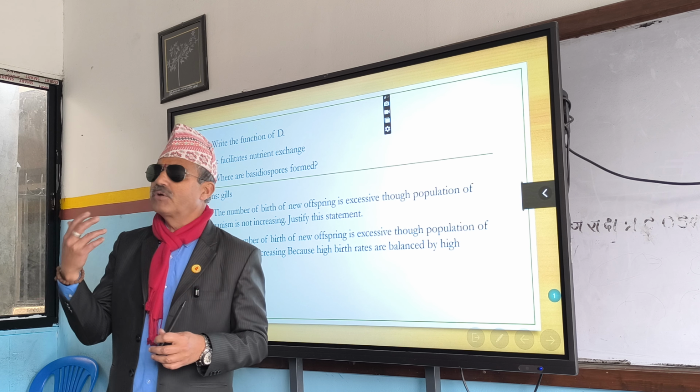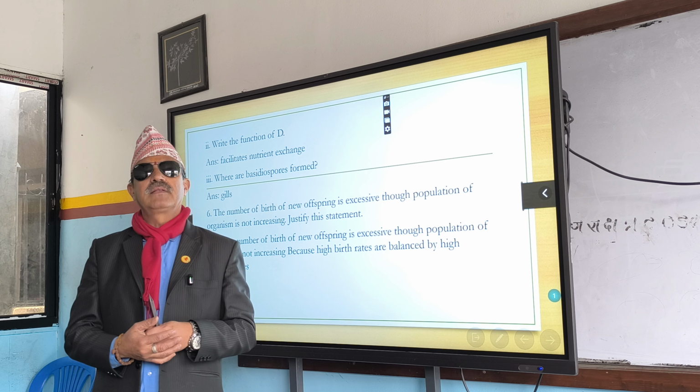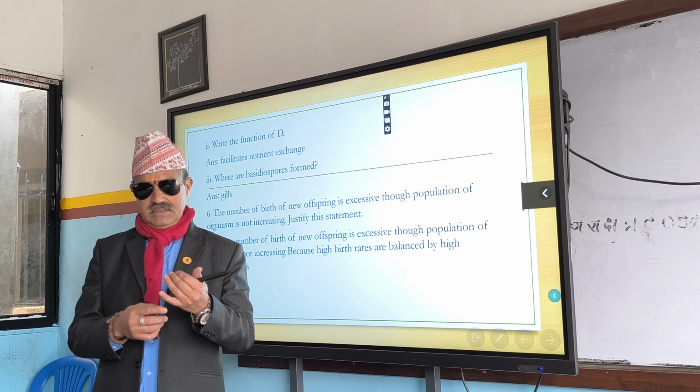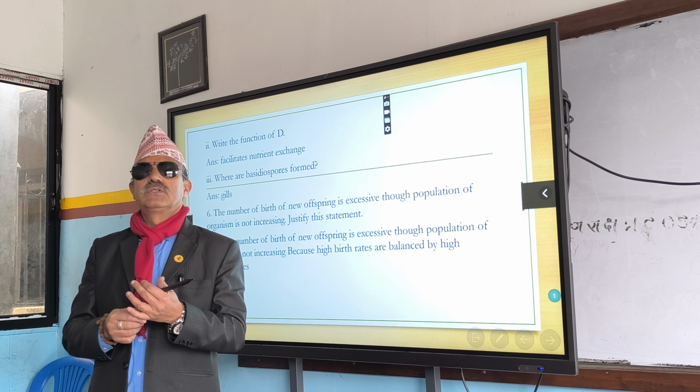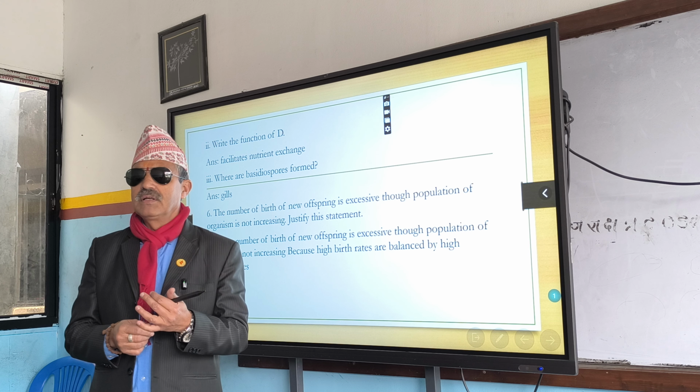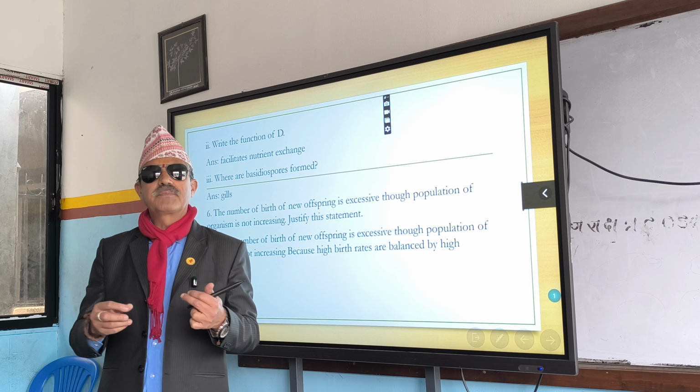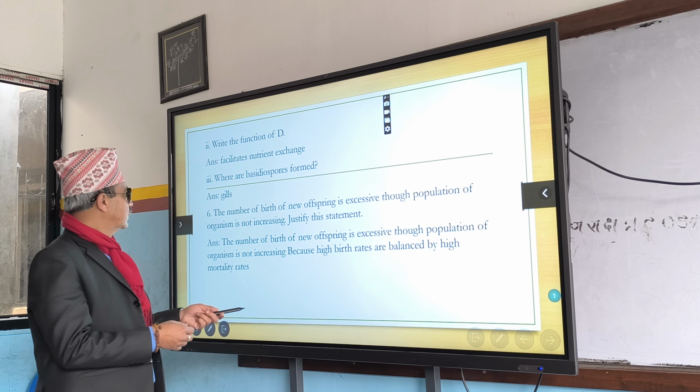And how does mortality rate increase? They may not get a suitable environment for survival, and they may be attacked by their enemies, right? Breeding place may be lakes. This is the thing.